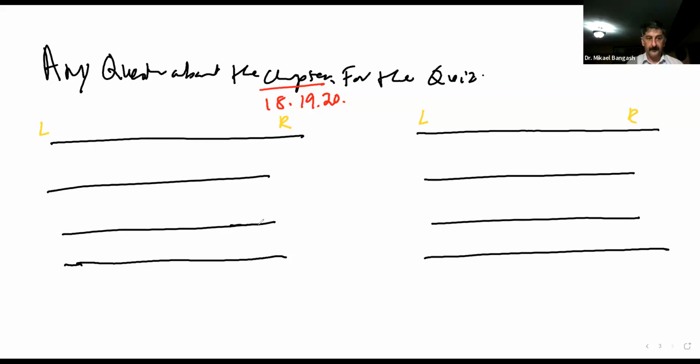Now, physically, this is where your transducer is, or physically, this is where your transducer is.